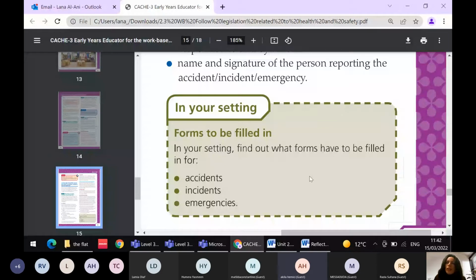You discuss it. If the parent is still very aggressive, they don't listen, they just fight or shout, then you call 999. You speak to your manager, and he will call 999 to avoid escalating the situation.